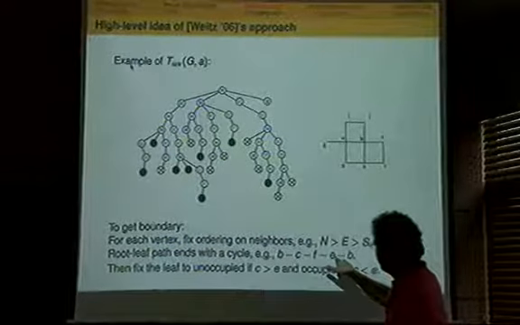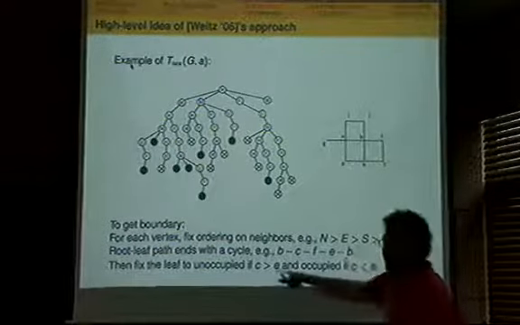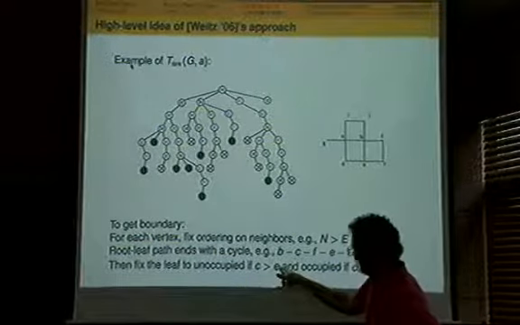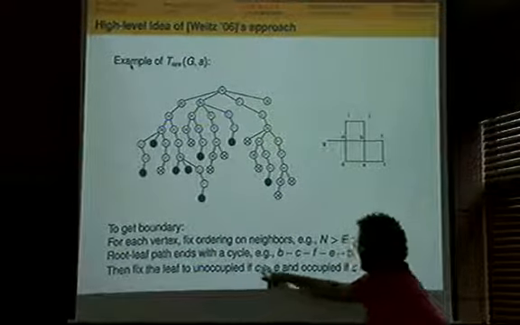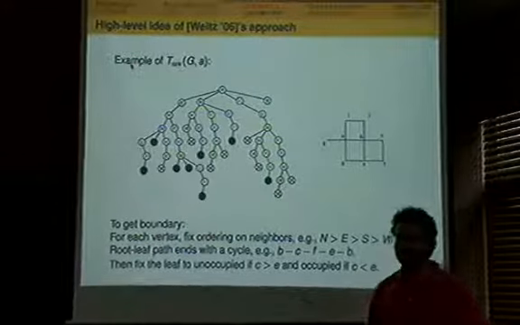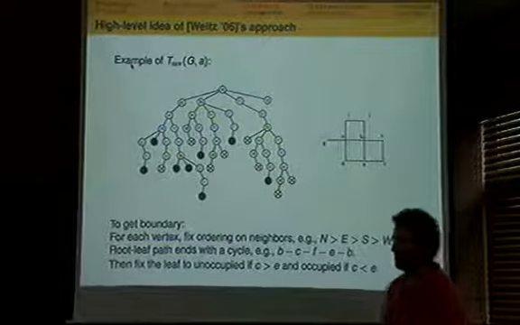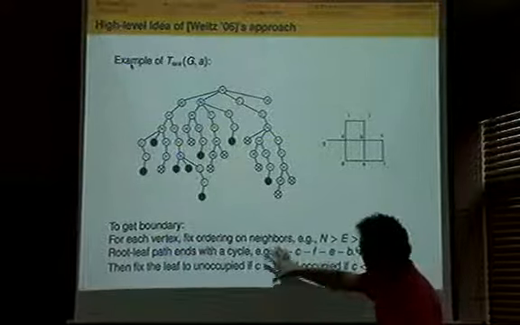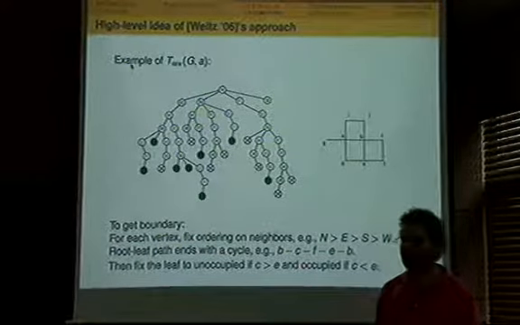I look at C versus E in this ordering, and if it's bigger, I say unoccupied. If it's smaller, I say occupied. That's it. Just based on this fixed ordering, I decide occupied or unoccupied.